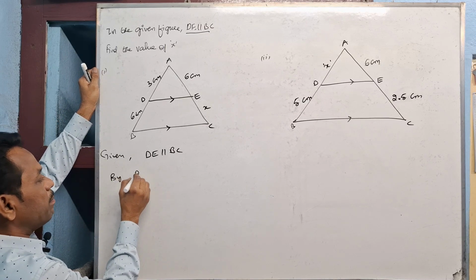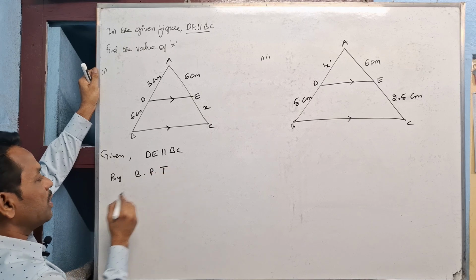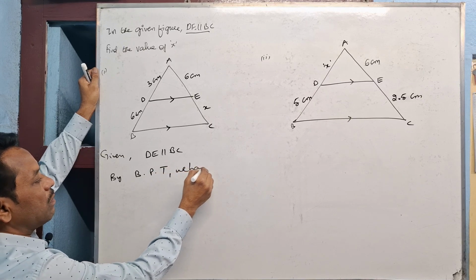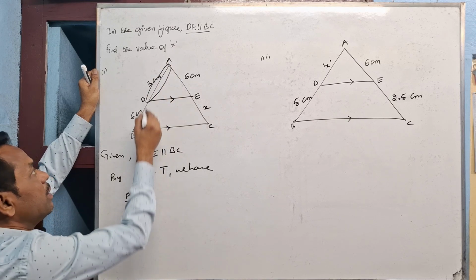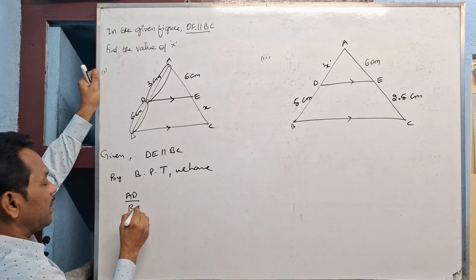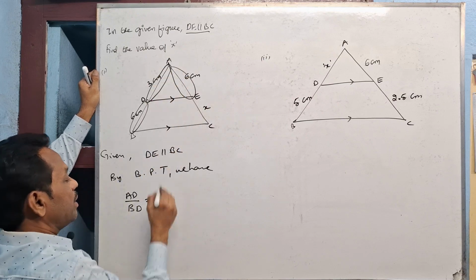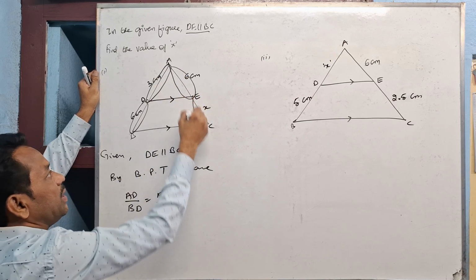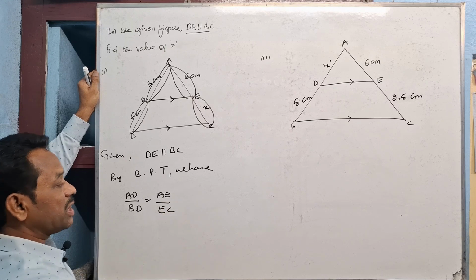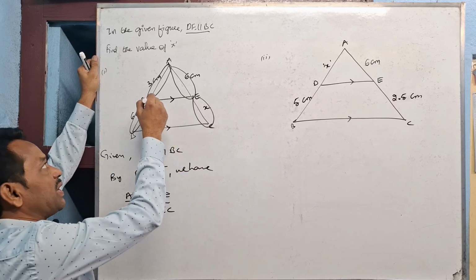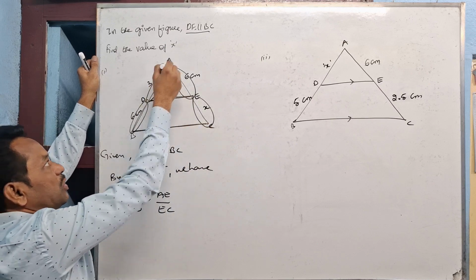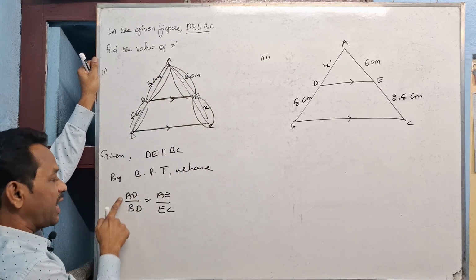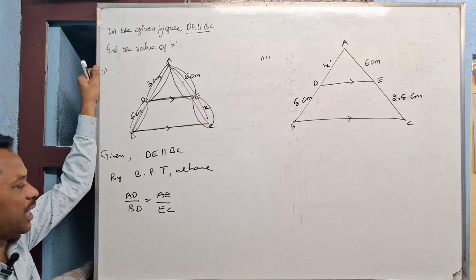So by basic proportionality theorem, we have AD by BD equal to AE by EC. So what is BPT? If a line is drawn parallel to one side of a triangle, then it will divide other two sides in the same ratio, that is AD by BD equal to AE by EC.